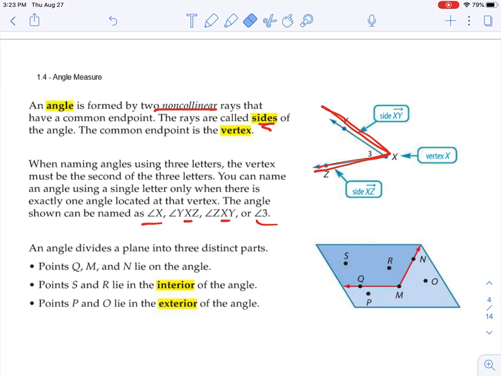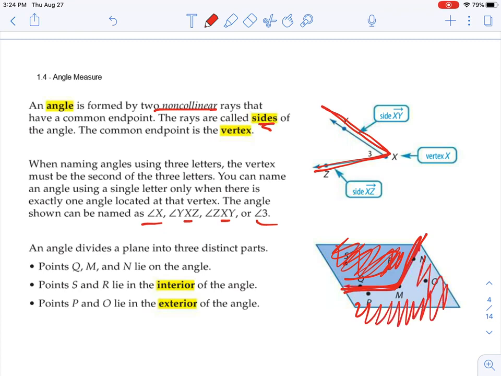All right. Next thing on here, an angle divides a plane into 3 distinct parts. We have the points on the angle, so Q, M, and N are on our angle. We have the points on the interior, so anything inside are points on the interior, so S and R. And then there's also points on the exterior, P and O are on the outside.